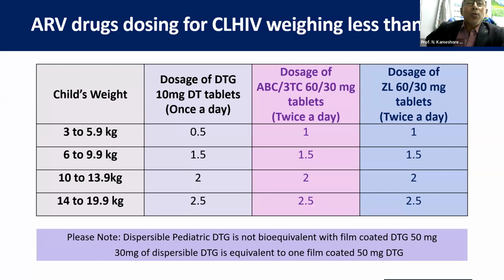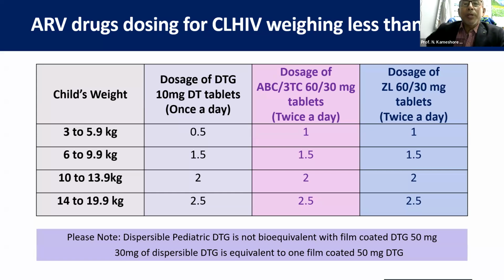So ARV drug dosing for children living with HIV weighing less than 20 kg. Let us see the prescription here. If the child's weight is between 3 to 5.9 kg, then we give dolutegravir 10 milligram DT tablet once daily, half tablet. And the abacavir and lamivudine, which is 60 by 30 milligram, twice daily, one tablet.